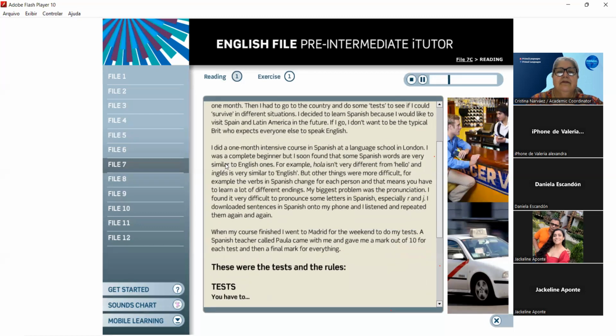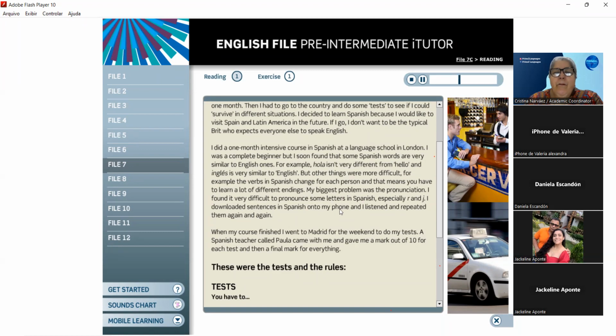I did a 1-month intensive course in Spanish at a language school in London. I was a complete beginner, but I soon found that some Spanish words are very similar to English ones. For example, hola isn't very different from hello, and Inglés is very similar to English. But other things were more difficult.